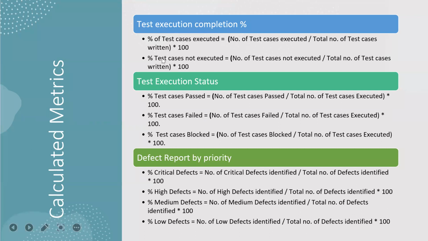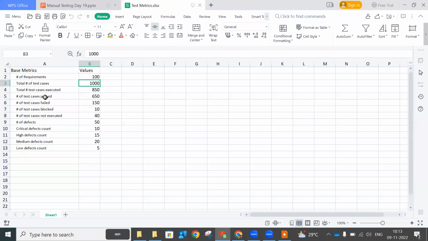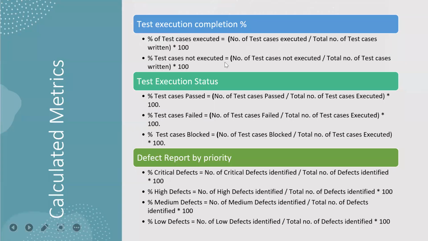In the same way, for not executed, the balance out of the total, that one by 1000 into 100, would be my percentage of test cases not executed. So these two will fall under the test execution completion report.